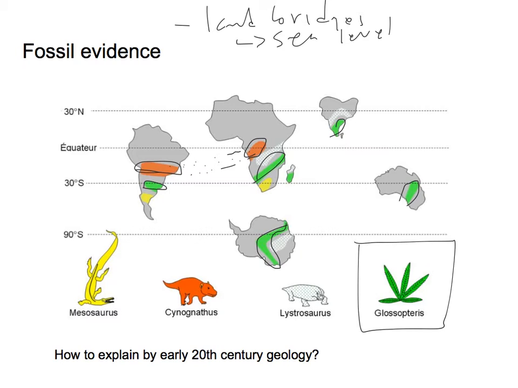How else might land bridges go away? Let's say that we don't really have any change in sea level major enough to have the land bridge. Well, wind erosion, yeah, okay.